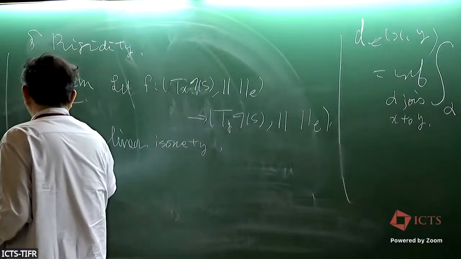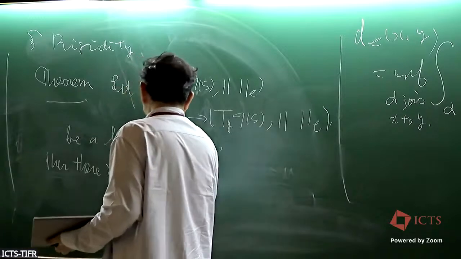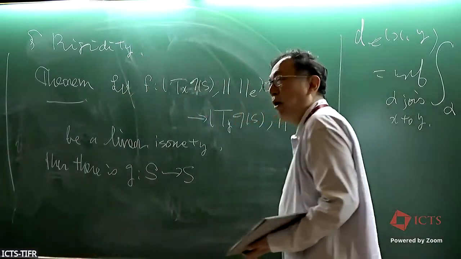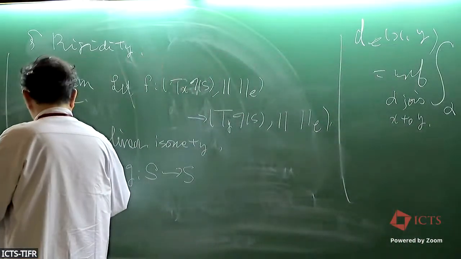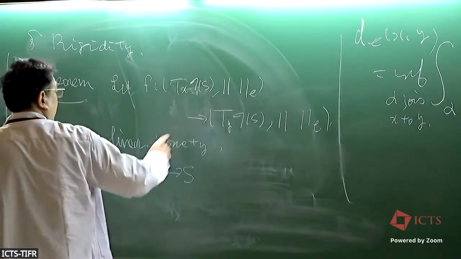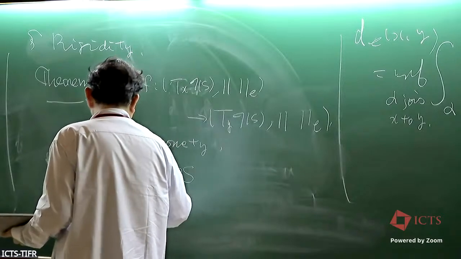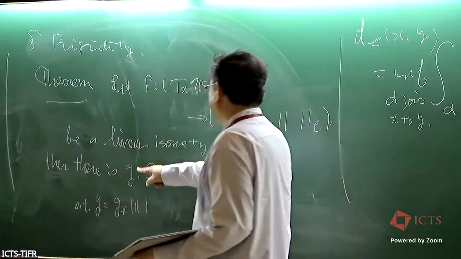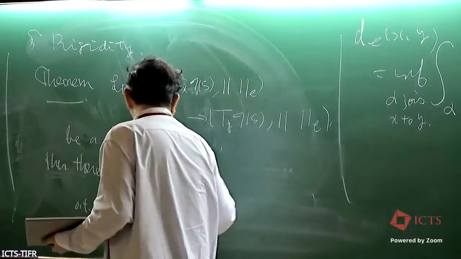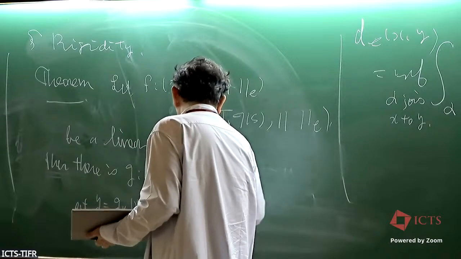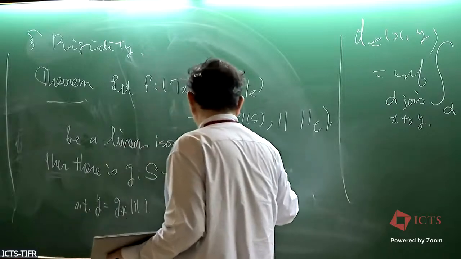Then there is a G, which is a diffeomorphism from S to S, such that Y is the image of X. So this induces a self-homeomorphism on the Teichmüller space that takes X to Y, and its derivative is equal to the F given here.